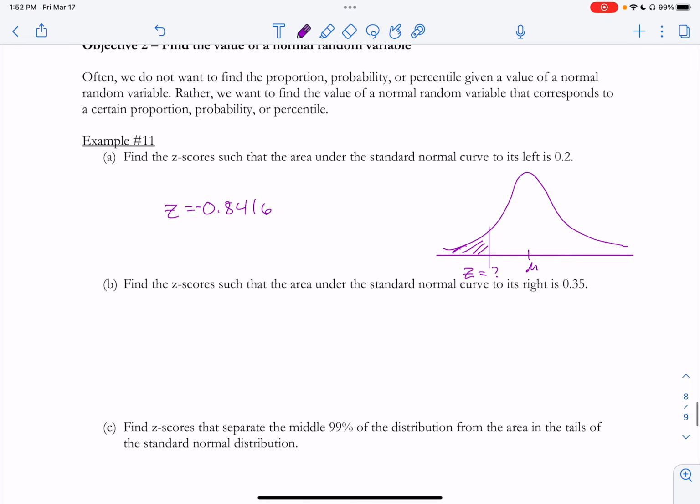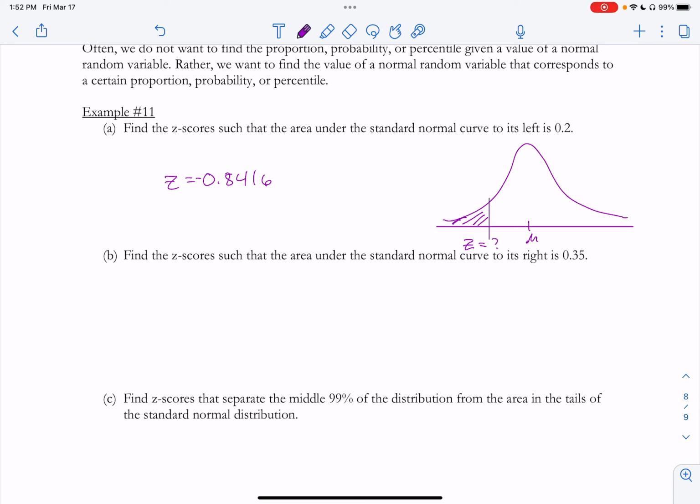If I want to do a similar thing to find the z-score where the area under the normal curve to its right is 0.35, here's my mean. I know it needs to be on this side, somewhere over here, and this area over here is going to be 0.35.